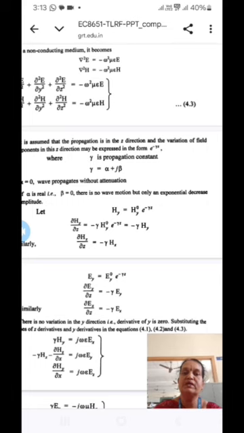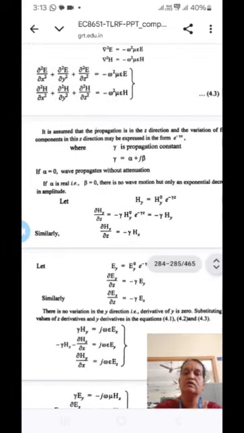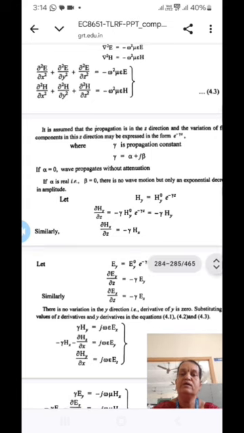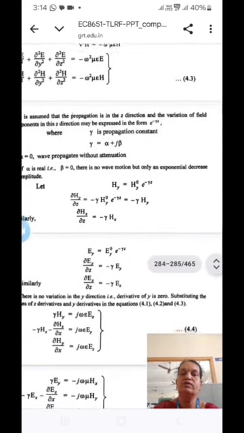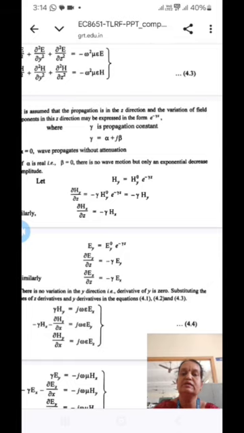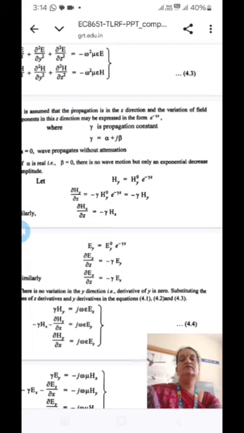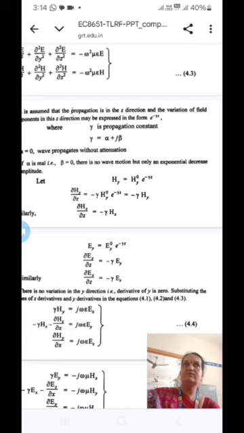If alpha equals 0 for a non-conducting medium, that is without attenuation, and beta is also 0, there is no wave motion; only an exponential decrease happens in the amplitude. The attenuation constant alpha reflects the variation of the waveform with respect to amplitude, and beta reflects the movement of the waveform, the phase constant.